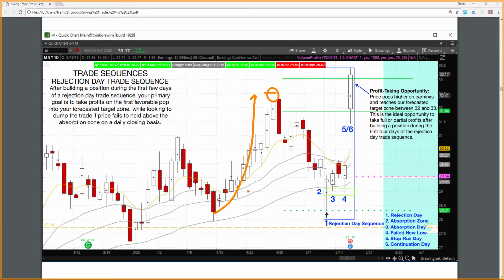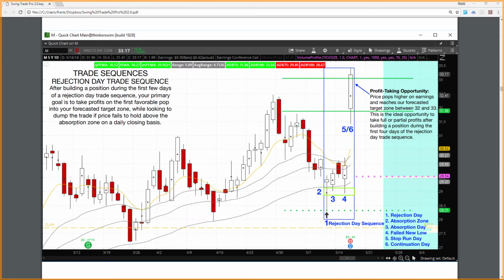You could be feeling like you're on top of the world, and you don't take profits, and it gives it all the way back. Take profits when this thing pops in your favor. Reward yourself after a great entry in that trade sequence.